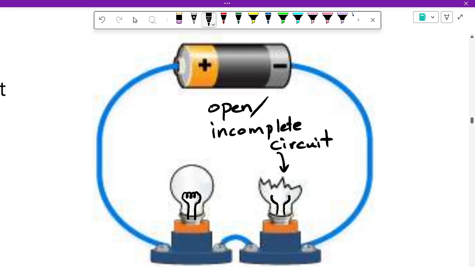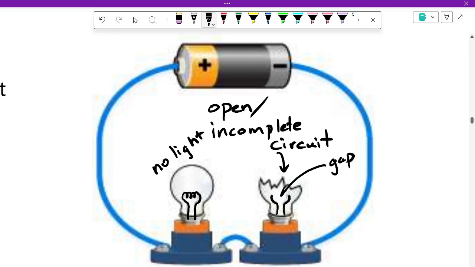And it doesn't matter that the other light bulb is working. If one light bulb is broken, can electrons flow in that path? No, because there's a gap, right? It's like the switch is open, except it's a light bulb. So there's no light.